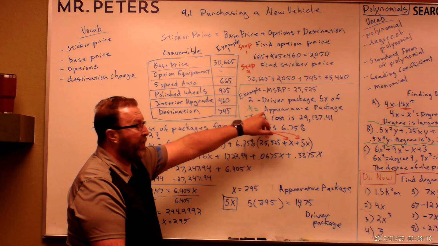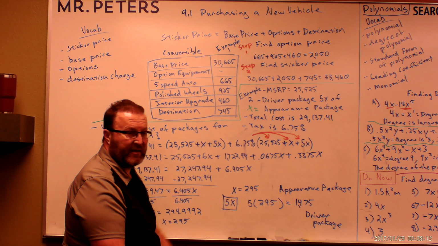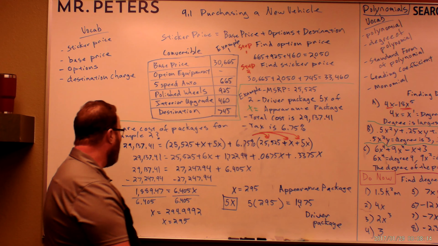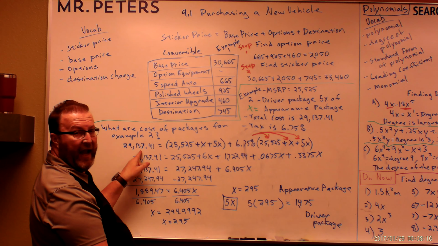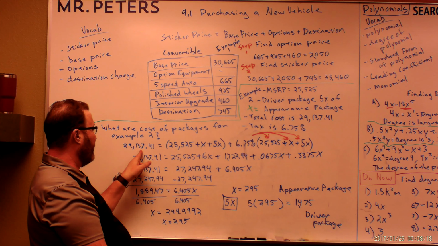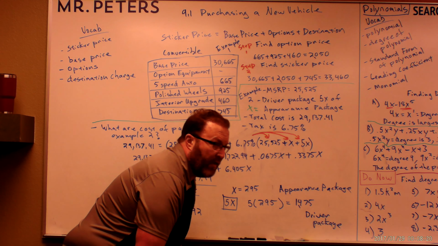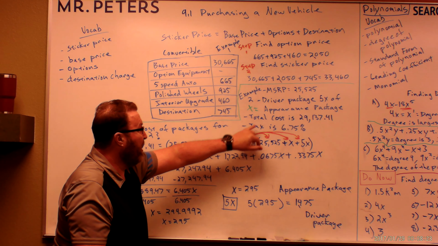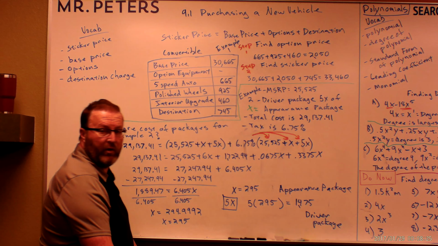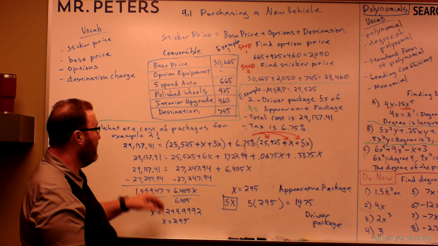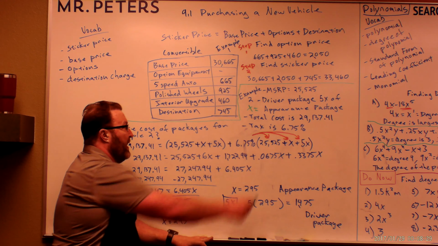And that's, if we knew what the appearance package was, we could figure out the rest of this problem. So how we're going to set this up is, we know the answer is $29,137.41. Are we clear on that? Yeah. Because it told us, right? It said the total cost is $29,137.41, okay?